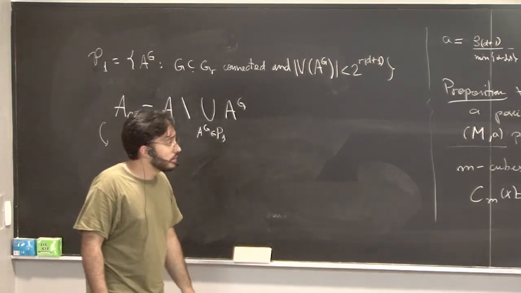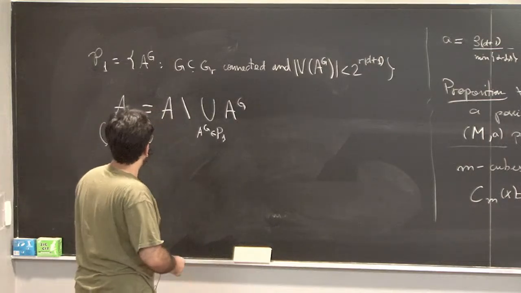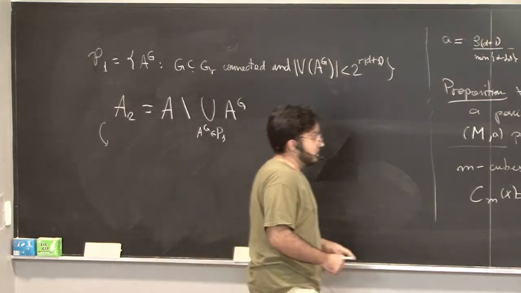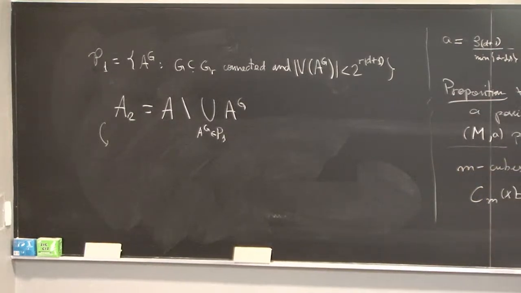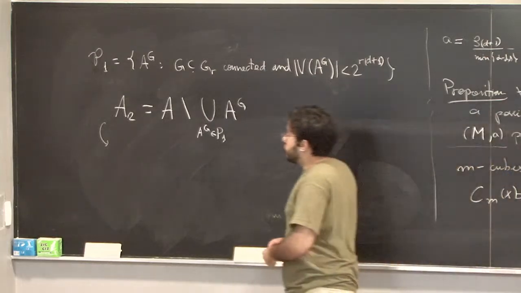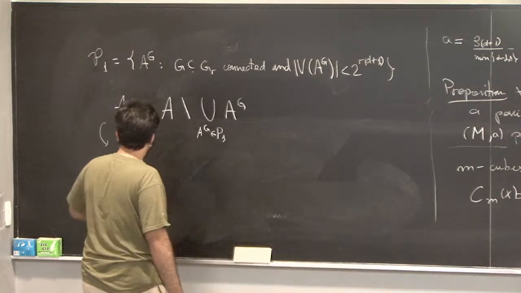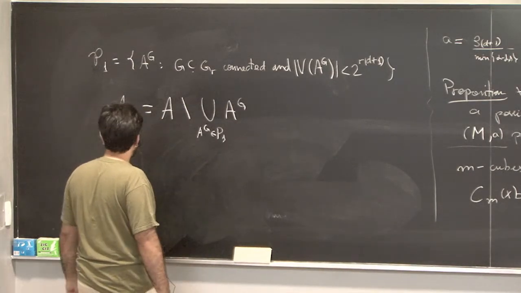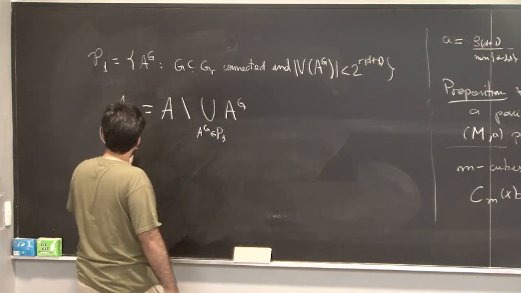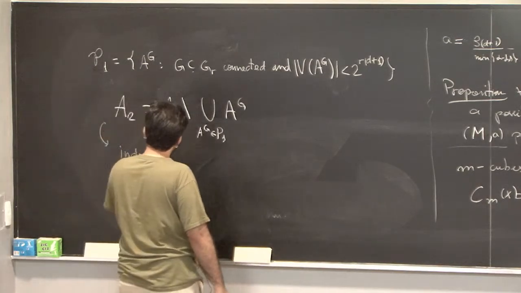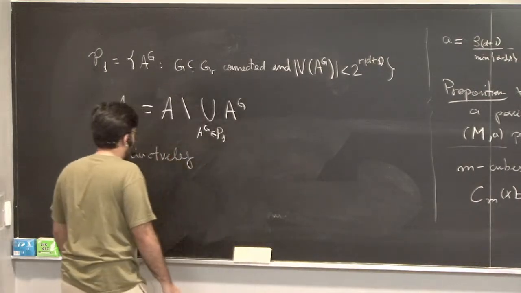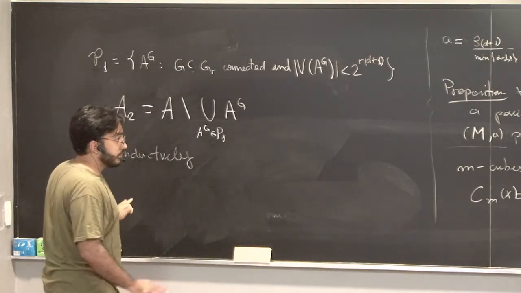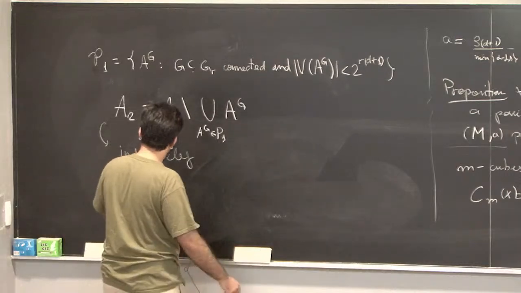So then you can continue the procedure, but now in a larger scale. In larger scale, what I mean is that I just changed this L. So we started with L equals to 1, and then we go to L equals to 2. So you can make this inductively. Since we did this yesterday, we're just giving a quick reminder.